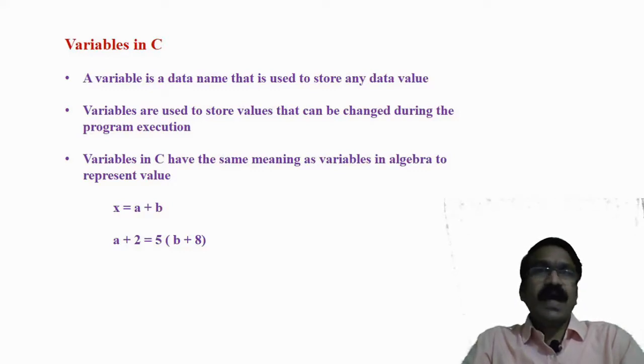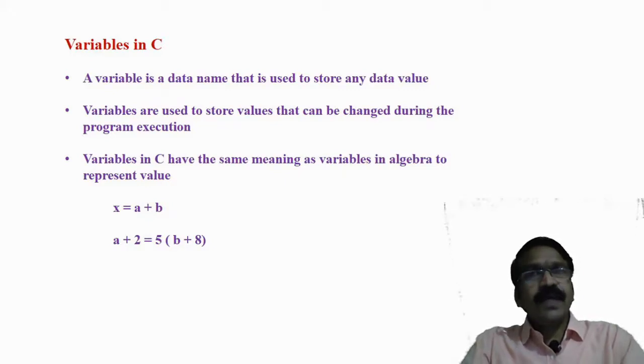Variables in C have the same meaning as variables in algebra, to represent values. As in algebra we use x = a + b, or a + 2 = 5, b + 8. This is a combination of variables and constants. In the first statement, x = a + b, all are variables.